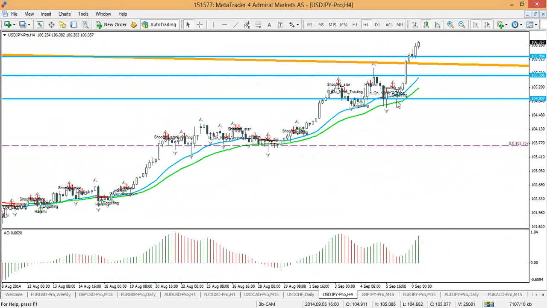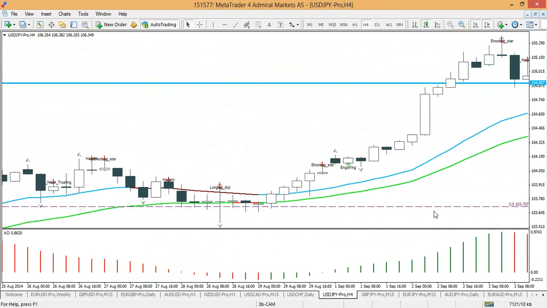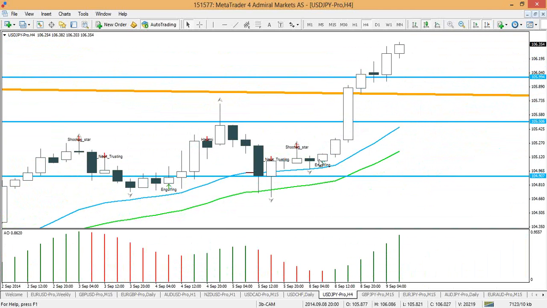So I wouldn't say that this wouldn't make sense at all, but I avoided any shorts in here just because I expected a breakout based on other things. But anyhow, there was engulfing to the upside. There was engulfing here and engulfing here. Those could have been clues for upside on the 4-hour chart.